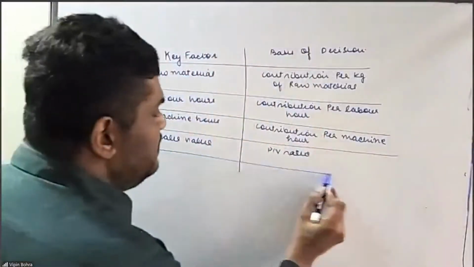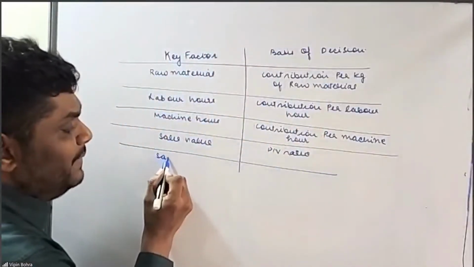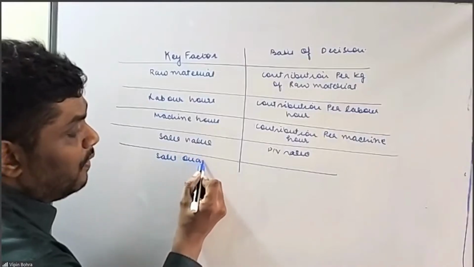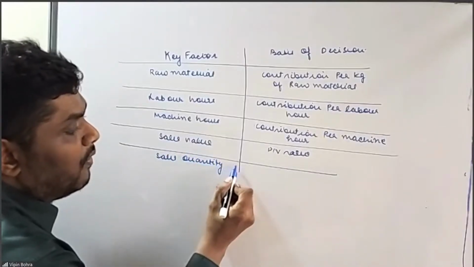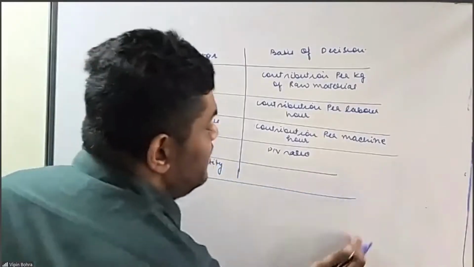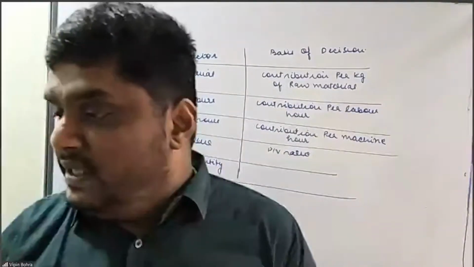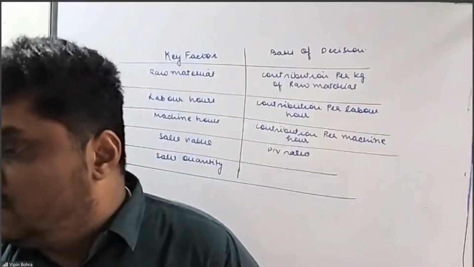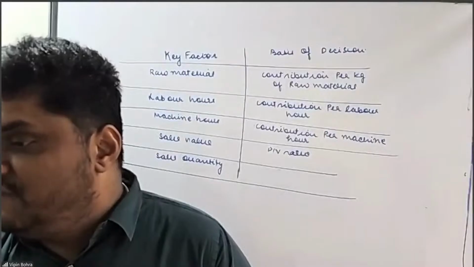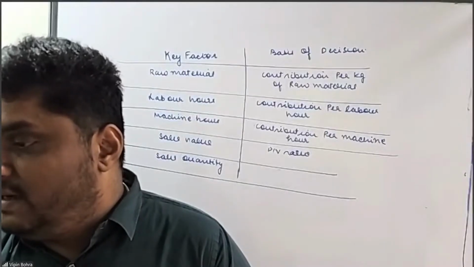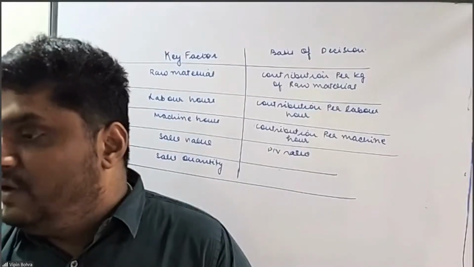My next question, sales quantity is the limiting factor. Can you guys tell me what will be the basis of decision? Very good, Rohan. It was correct. Now, the next question is if the sales quantity is the limiting factor. Waiting for your answers.